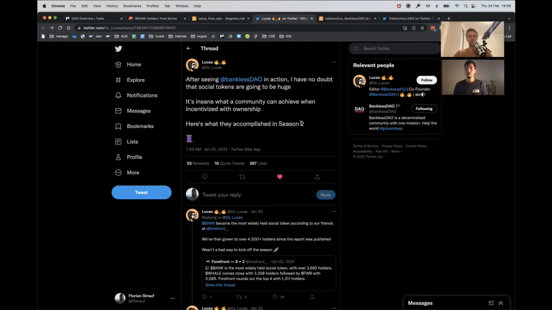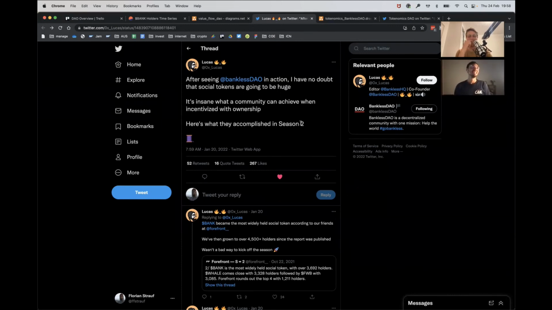DAOs might use different durations for seasons, but I think in most cases, also for Bankless DAO, a season is a quarter. It's common speak in the world of tokens and tokenomics. It's also new, somebody came up with it, and that's why a lot of DAOs are using it. We should come up with a tokenomics dictionary. There's a lot of crazy stuff in here.